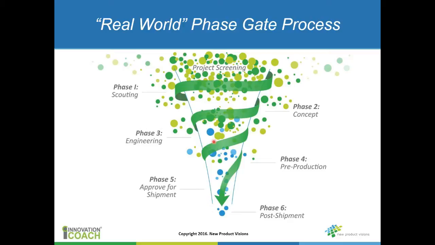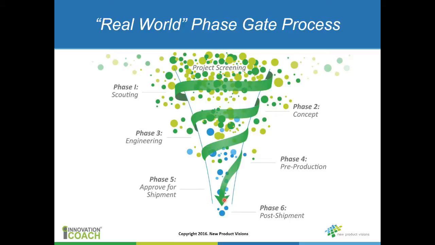You might be in phase 4 and experience a design loopback, and at least a part of the project might be kicked back up to phase 3, for instance. In most projects, a project will not move smoothly from one phase to the other. There can be issues as the project unfolds.